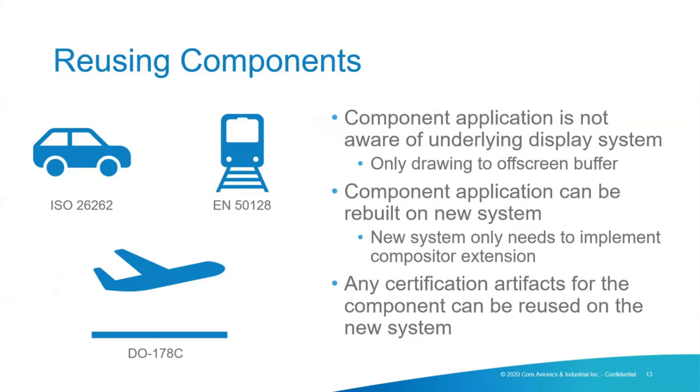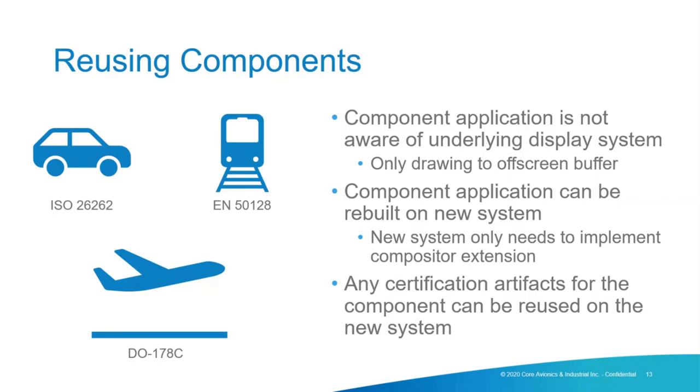So another part about safety critical systems is certification evidence. You'd want to reuse certification evidence as much as possible between components. One of the key benefits of the EGL compositor extension is that it makes no assumptions about the underlying display system.